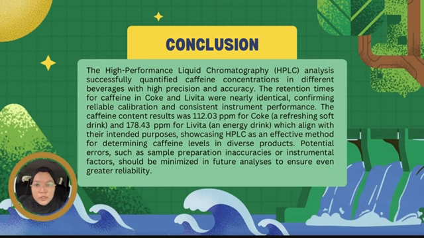The caffeine content result was 112.03 ppm for Coke, a refreshing soft drink, and for Levita, 178.43 ppm, which aligns with their intended purpose, showcasing HPLC as an effective method for determining caffeine levels in diverse products. Potential errors, such as sample preparation inaccuracies or instrument factors, should be minimized in future analysis to ensure even greater reliability.